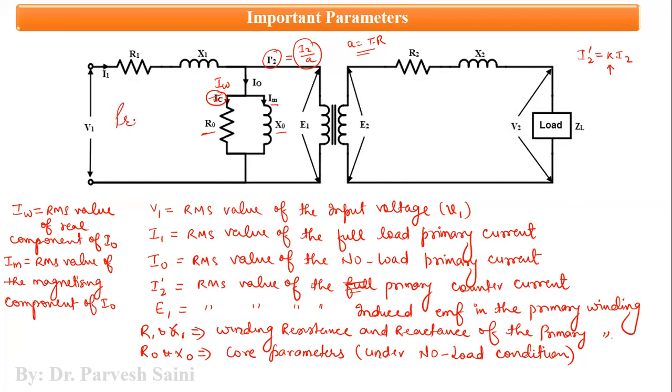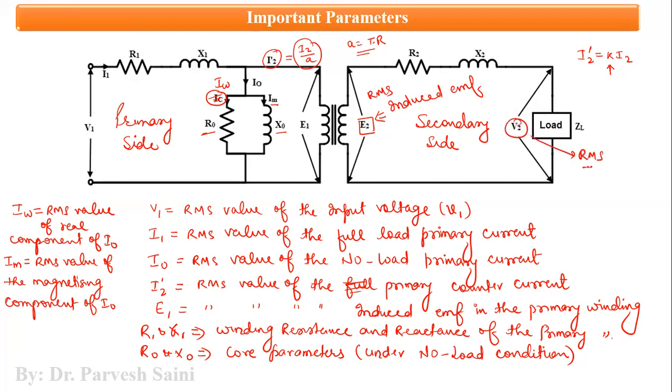This is the primary side of the transformer and this is the secondary side of the transformer. Similarly we have E2. So E2 is the RMS induced EMF in the secondary winding. V2 is the RMS terminal voltage.